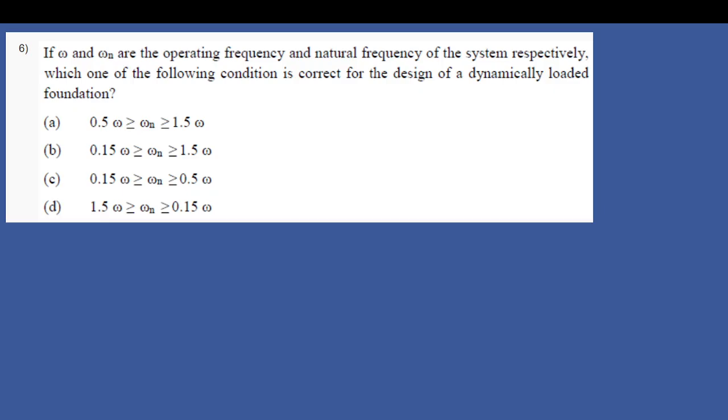Moving to question number 6. If omega is the operating frequency and omega n is your natural frequency, which one of the following conditions is correct for the design of a dynamically loaded foundation?